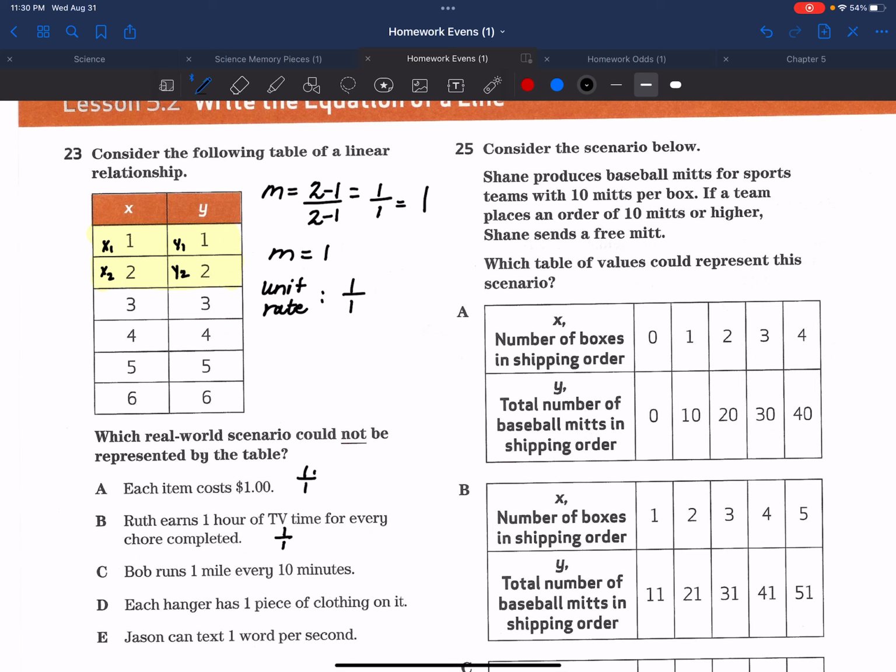For example, here's 1 item. $1 hour for 1 chore. 1 mile for 10 minutes. 1 hanger, 1 piece of clothing. 1 word, 1 second. The one that violates that slope, unit rate, rate of change, is 1 to 10. We are looking for 1 to 1.